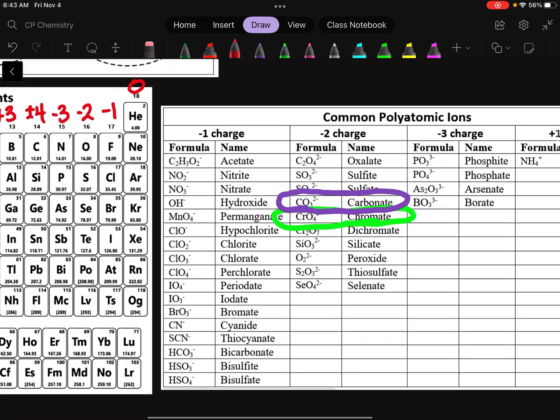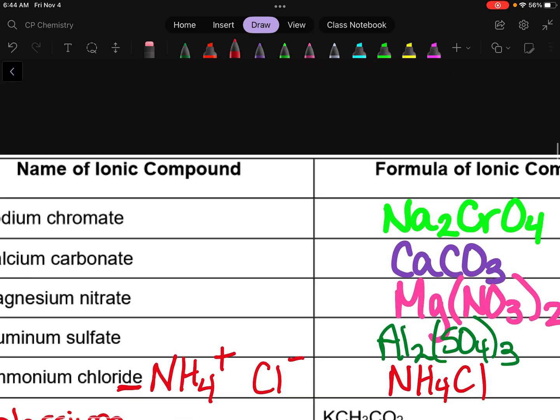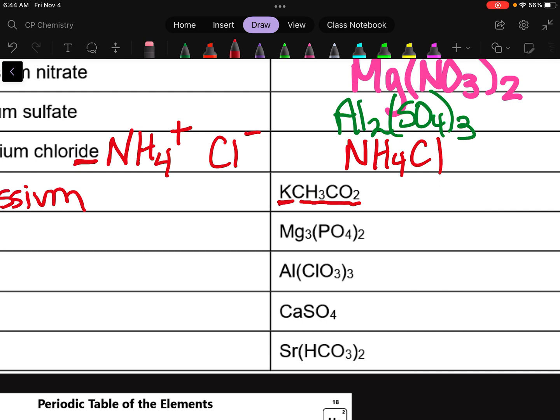We can go to our polyatomic ion list and look for it. Now, I'll go ahead and tell you that this one is acetate, and acetate can be listed many different ways, but ultimately it is 2 carbons, 3 hydrogens, and 2 oxygens. If you count them up, there's 2 carbons, 3 hydrogens, and 2 oxygens in that. So that is acetate, and you just add it to the name.